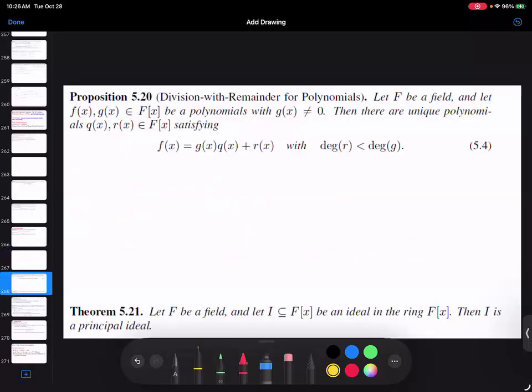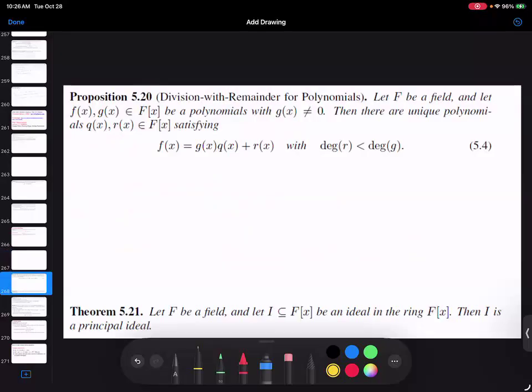Okay, so we've seen the Euclidean algorithm and how useful it is. It turns out you can do something similar with polynomials. If I give you a polynomial f and another polynomial g, we can ask how many times does g go into f? And there'll be a remainder, and the remainder will have smaller degree. And it's very important that we have a field so that we can invert the leading element of f.